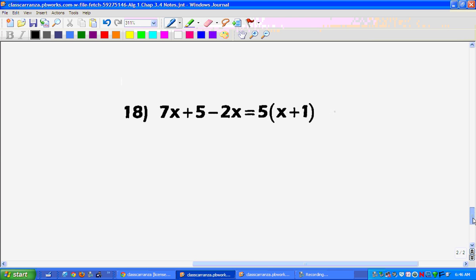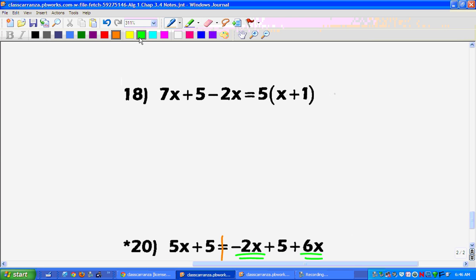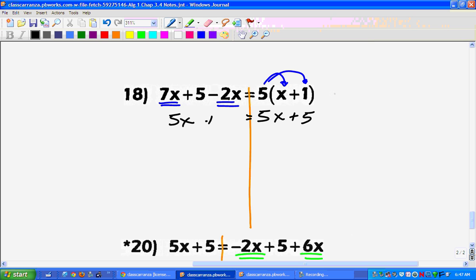Let's do problem 18. Okay, we can distribute on the right side and get 5x plus 5. Combine your like terms and you get 5x plus 5 equals 5x plus 5.